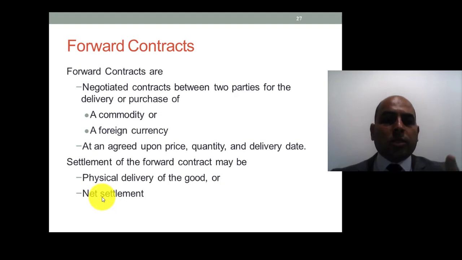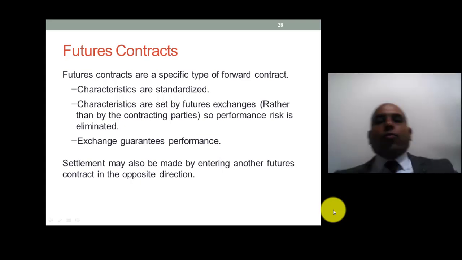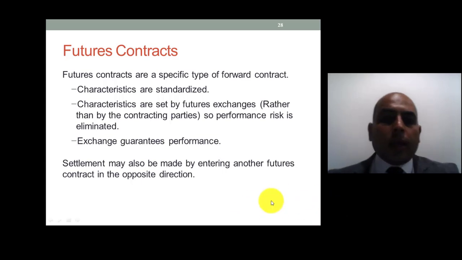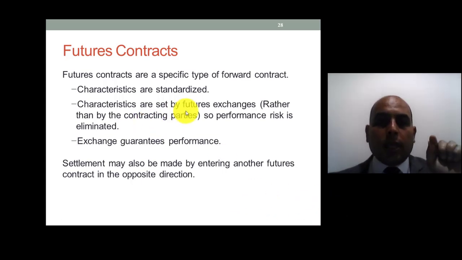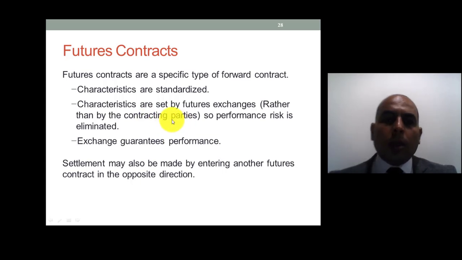What's the difference between forward contract and the future contract? The future contract is a specific type of forward contract. It's similar to forward contract, but the main difference is that it is standardized. We have a future contract exchange, characterized as set by the future exchange rather than by the contracting parties.